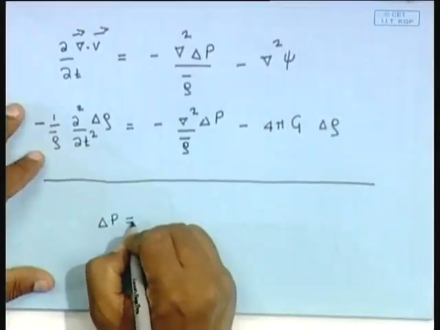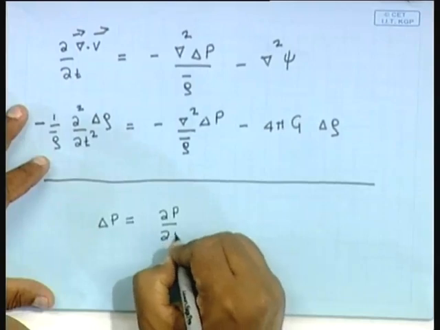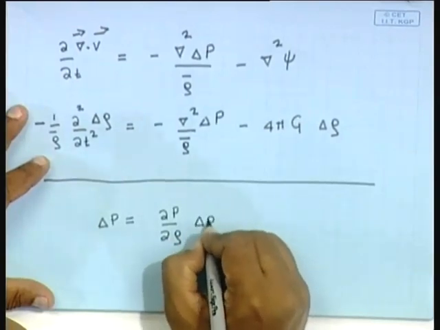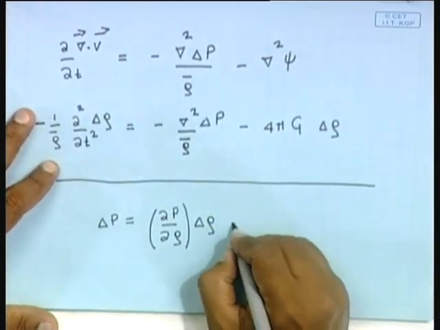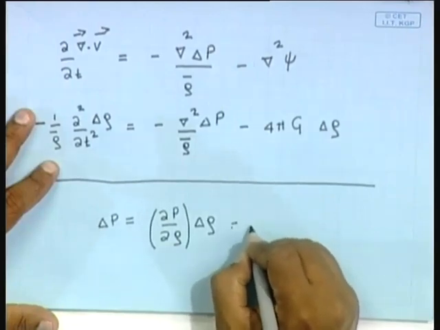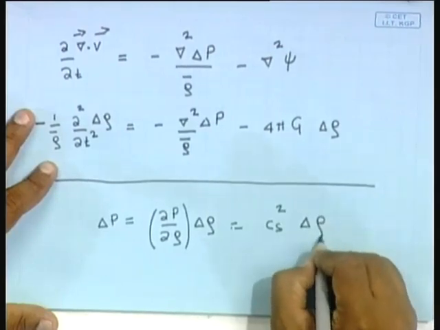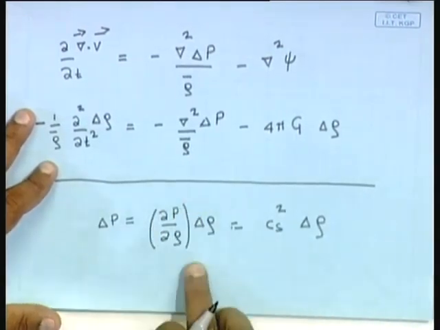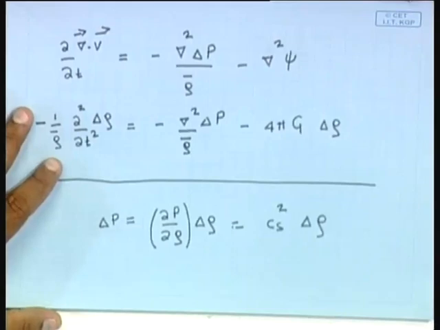So, in most situations we can get a relation between the pressure and the density, and we can write delta P as a function of delta rho, and we shall use the symbol Cs square to denote this. So, Cs square denotes this derivative del p del rho. For the reason why we shall use this symbol Cs square shall become clear shortly.